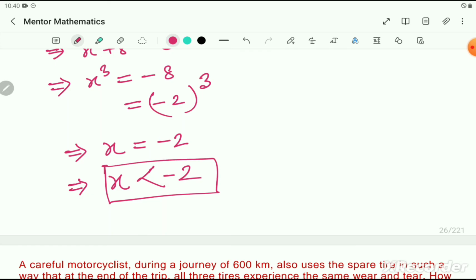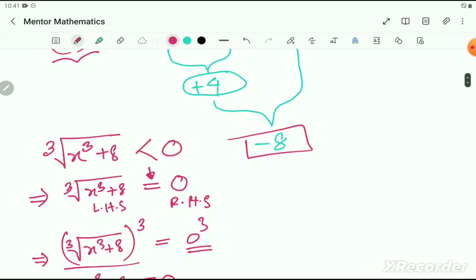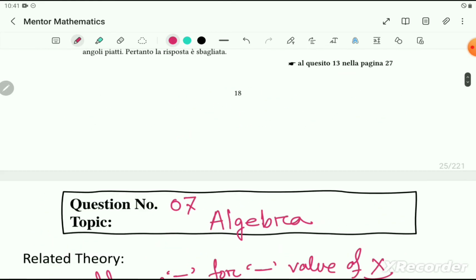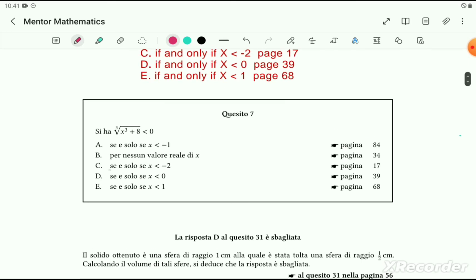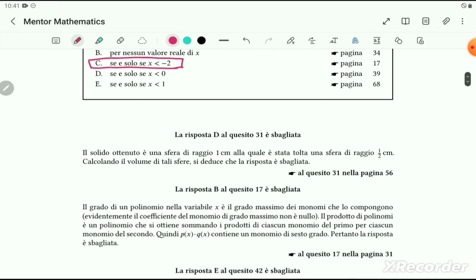That means if the value of x is less than minus 2, then we'll always get a value of this term which is less than 0. So our answer is option C, if and only if x less than minus 2. C is our answer.